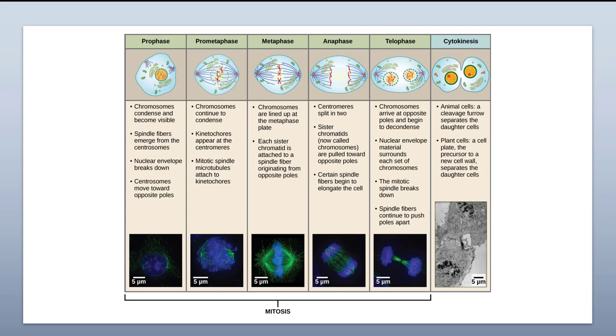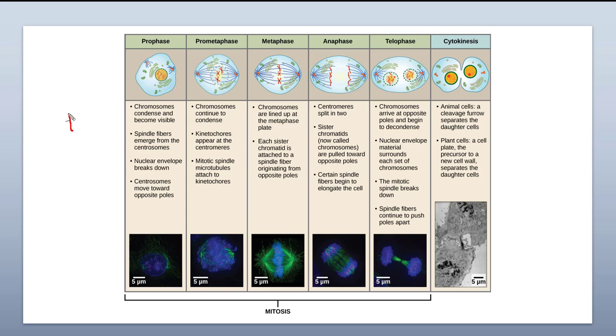The chromosomes are almost completely condensed. The mitotic spindle has completely emerged and is starting to attach to the centromeres of the sister chromatids.